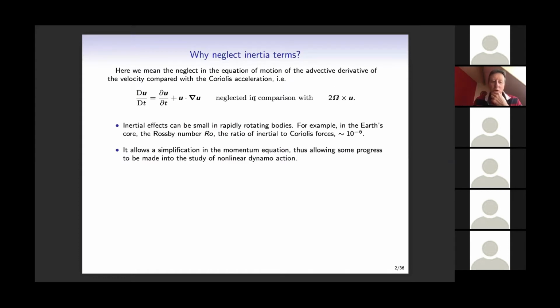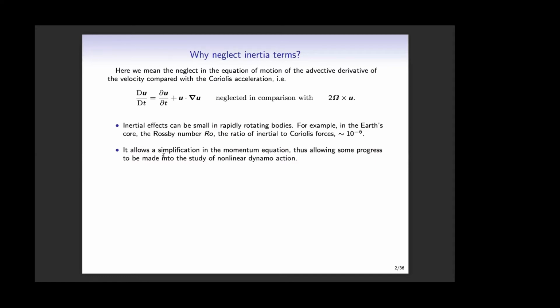What we don't know quite so well are things like the velocity, but we can get a measure of the velocity from looking at how fast magnetic features have moved in the past few hundred years. So the ratio of time scales here is, this is obviously a day, and this is of the order of hundreds of years. And so the ratio, the Rossby number, is quite small, 10 to the minus 5, 10 to the minus 6. So that's one reason why we might neglect inertia.